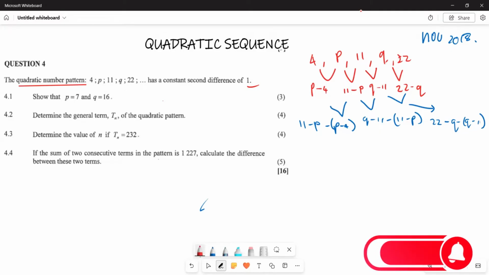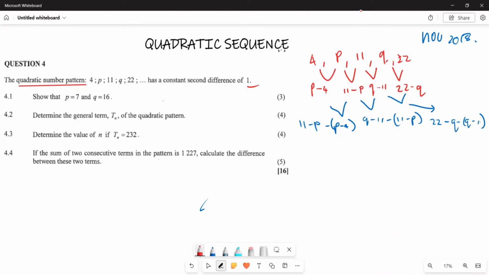So if you are taking 11 subtract P, subtracting P subtract 4, this is going to be equal to 1. That is what they mean when they say the second difference is constant.